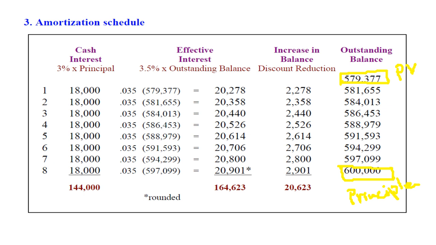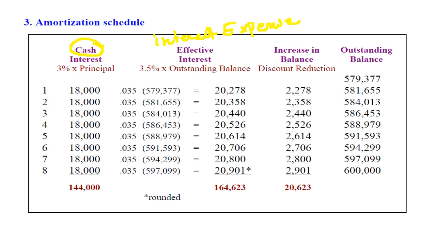Okay, again, the importance of our use for the amortization table is to do the interest entry. This is the cash, this is the interest expense, and this will be the reduction and the discount itself.